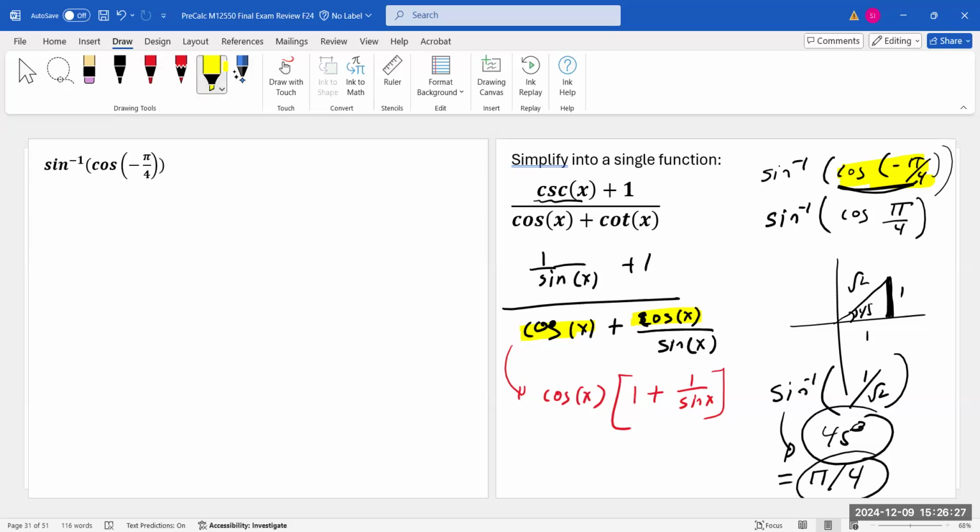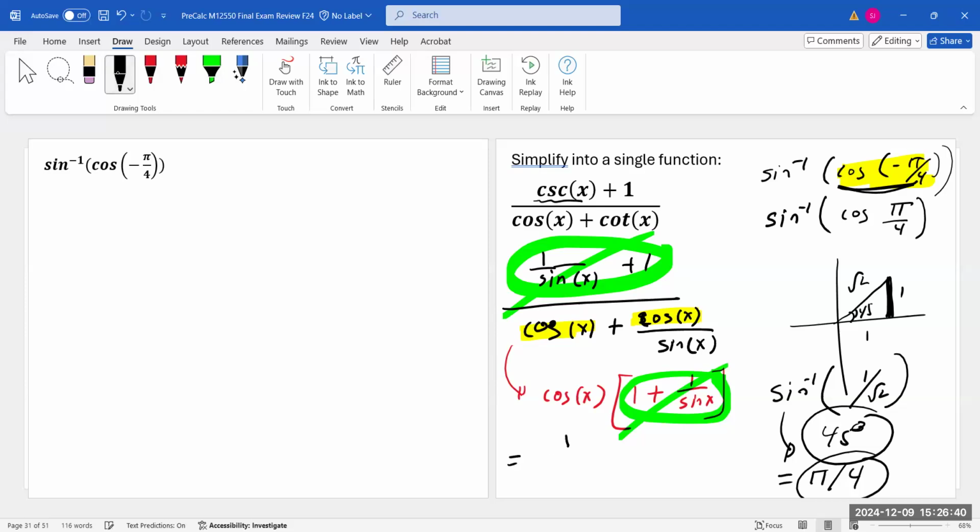So this and this are the exact same thing. So we cancel them because one is at the top, one is at the bottom. We get 1 on the top, cosine x on the bottom. That gives us secant x. And we are fine. We are done. That's all we have to do.